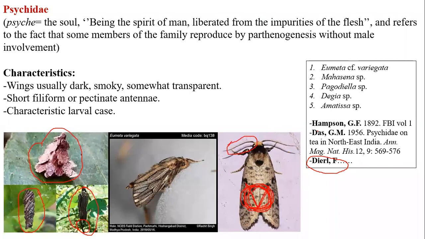So following these 3 literature sources, our Bangladeshi moths have been identified, and we have identified 5 species from Bangladesh. They are Eumeta variegata and Mohasena species, Pagodiella species, Degia species, and Amatissa species. And these 5 representatives of this family occur in Bangladesh.